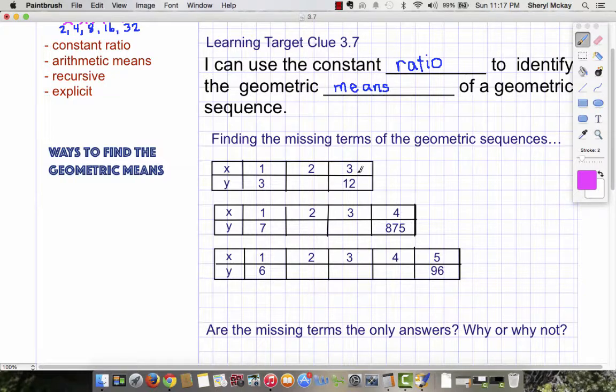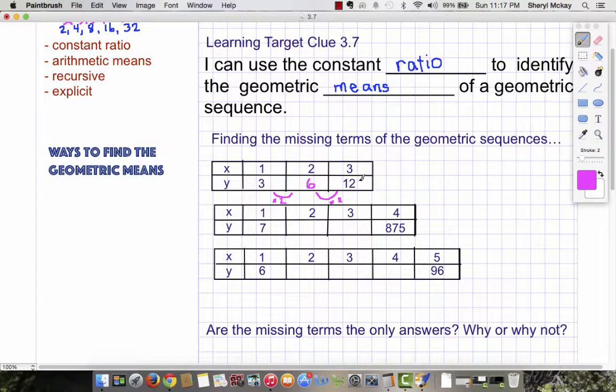So think about what the constant ratio would be to get from here to here and then from here to here. What do you think that constant ratio is? Did you figure out that it's actually times 2? Because 3 times 2 is 6, and 6 times 2 is 12.